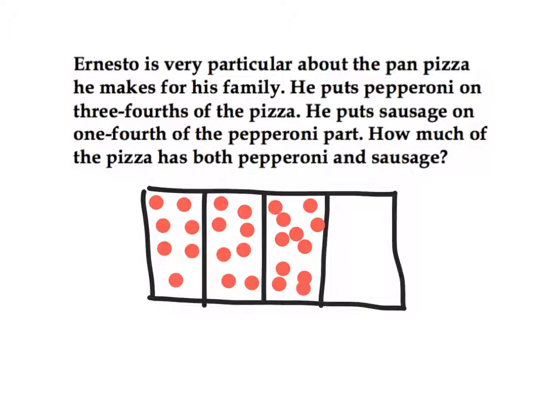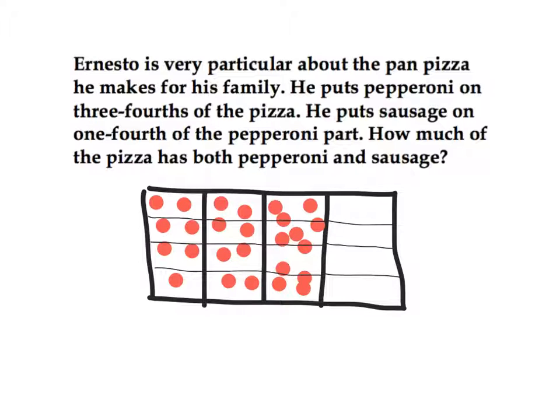So we're going to leave that alone because he says he put sausage on 1/4 of the pepperoni part. So this part, remember we said, is cheese. We're going to take the pepperoni and section it off to show the sausage. Since it says it's 1/4 of the pepperoni part, I'm going to separate this into 4 equal parts. But remember, the cheese part is still getting cut.